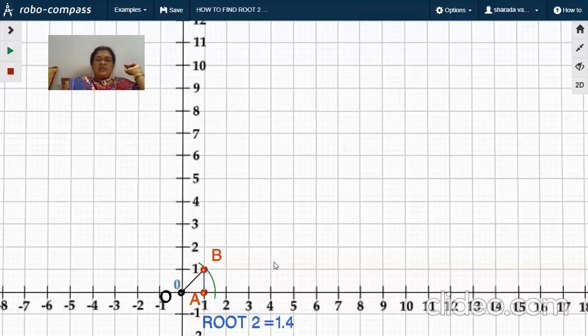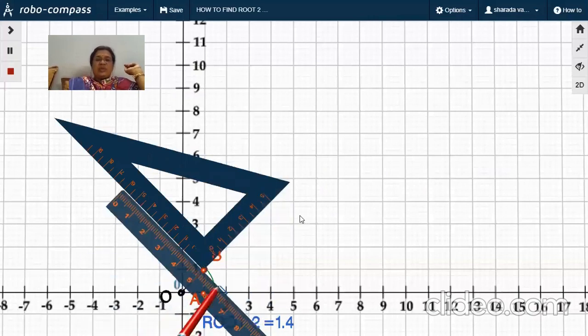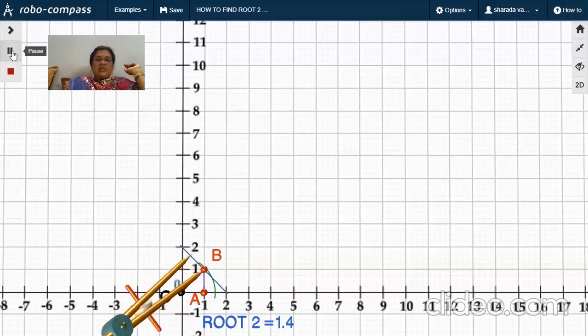So that will be the value of root 2 on the number line. Now let us do one more construction, that is finding out root 3 on the number line also. See here. For this, you have to draw a perpendicular to the OB line segment.